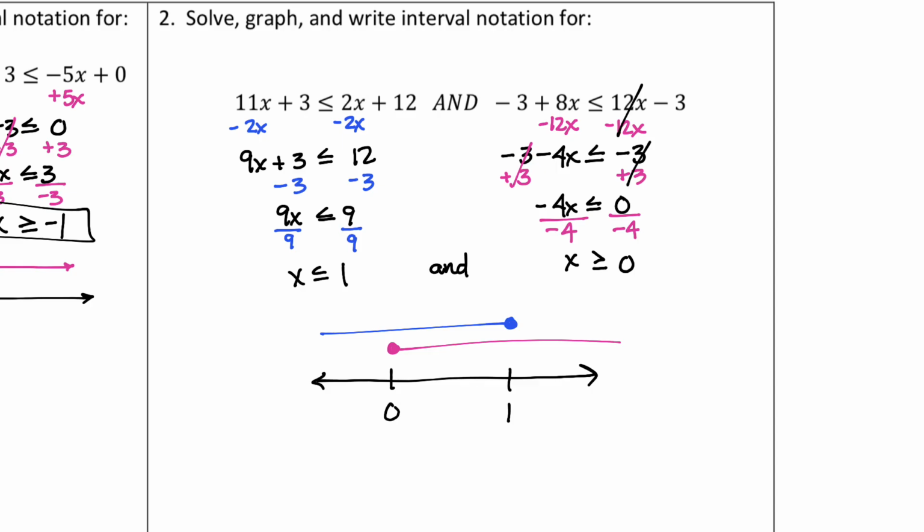So we're going to mark everything from here to here because everything in here overlaps, right? So our actual graph, you keep the endpoints that you see, and it's going to be in between. So this time, both sides are brackets because they're both filled in circles. And that's your answers. Okay?